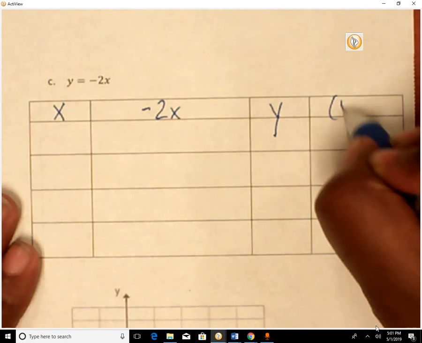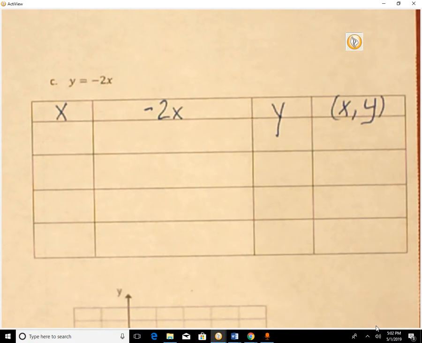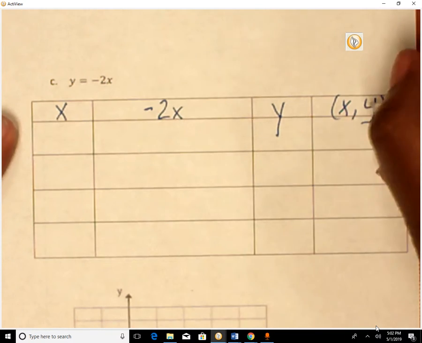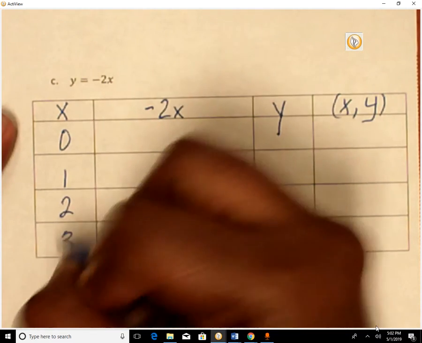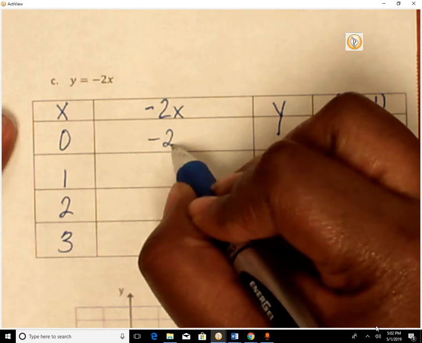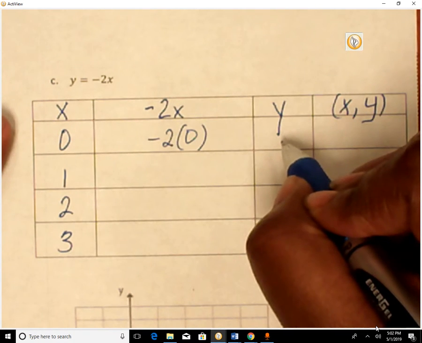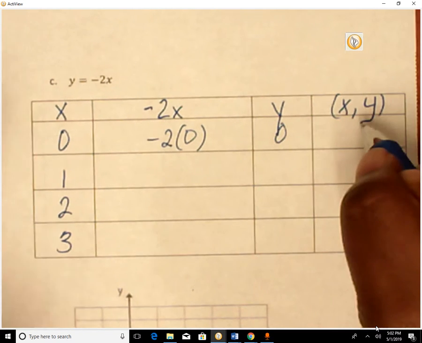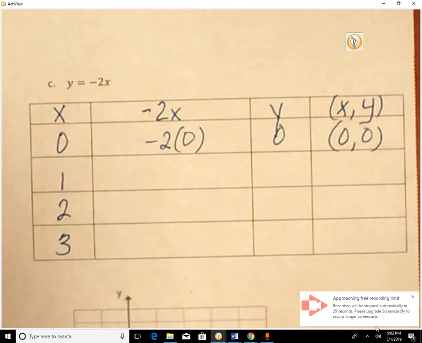And then we have x, comma, y. Sorry, my y looks like a 4. I apologize. So we'll do 0, 1, 2, and 3. Negative 2 times 0 is 0. So this is 0, 0. It goes through the origin, which is a direct variation.